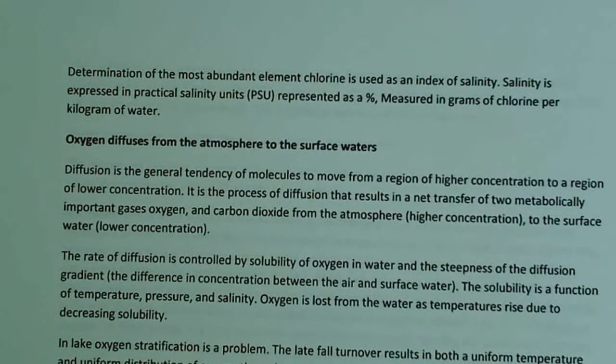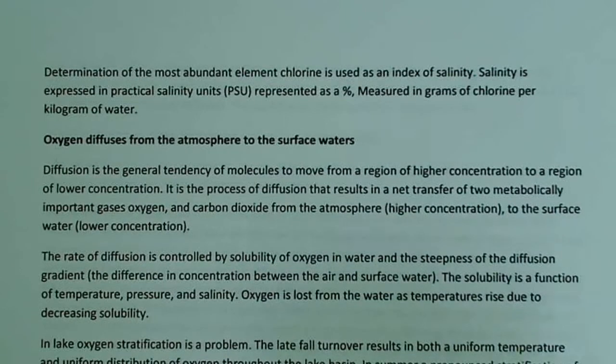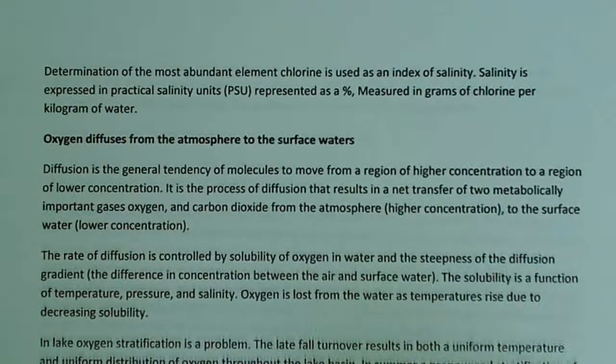The determination of the most abundant element, chlorine, is used as an index of salinity. Salinity is expressed in practical salinity units, or PSU, represented by a percentage measured in grams of chlorine per kilogram of water. That's just a measurement for salinity.